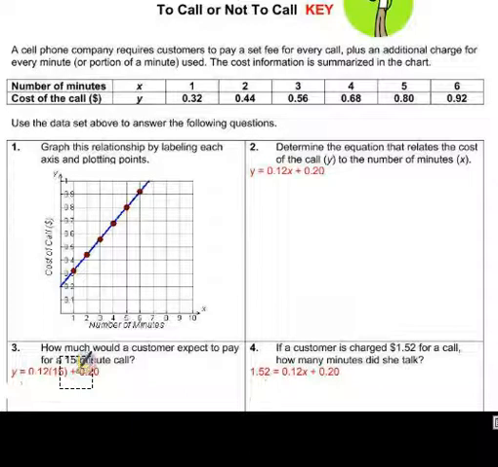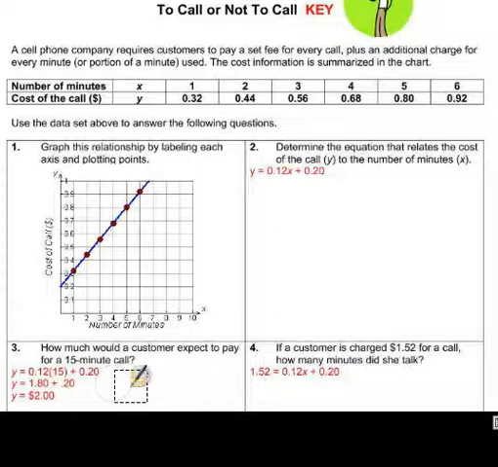So we just plug that in, 0.12 times 15. You get $1.80, and of course the 20 cents you have to start with each time, plus the 20 cents gives you $2. So for a 15-minute call, it's going to cost you $2 on this plan.